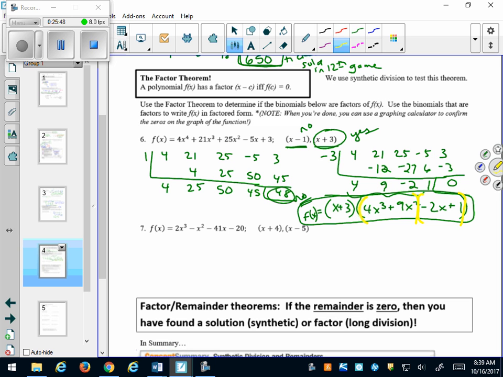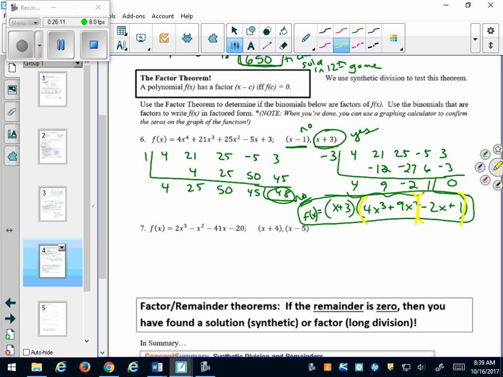So then what do we do? That's the big question, right? At this point, you can leave it in factored form. You're just going to leave that whole thing there: 4x to the third plus 9x squared minus 2x plus 1. Next lesson we're going to keep going with this.